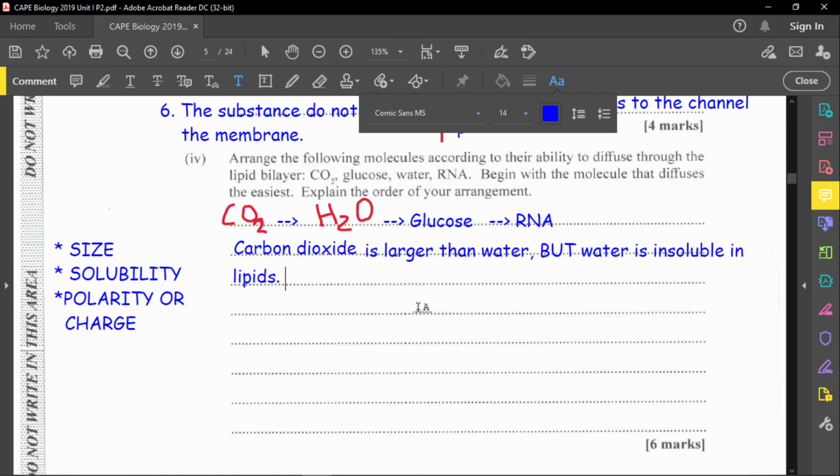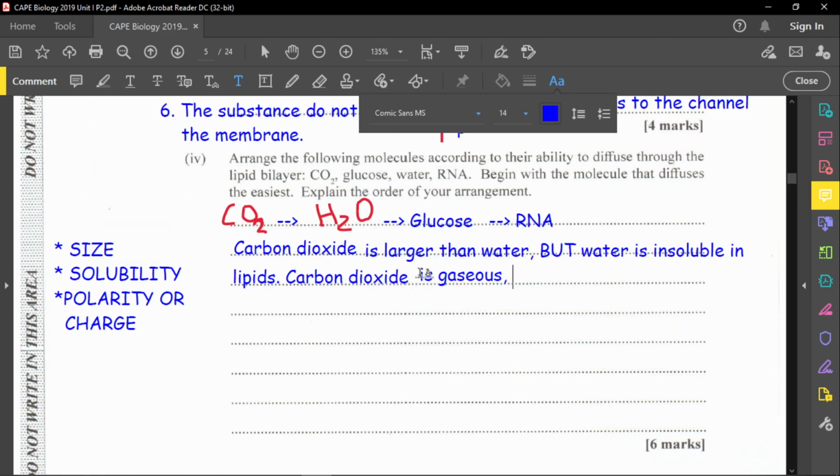All right, and the next reason that also makes carbon dioxide diffuse faster than water: carbon dioxide is gaseous. Okay, so carbon dioxide is a gas. And gases diffuse faster than what?